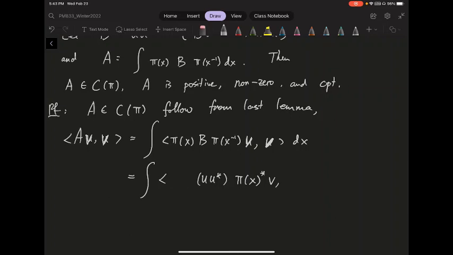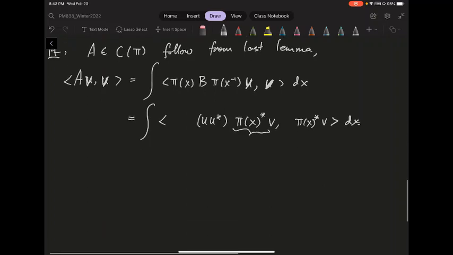So you have another copy of pi x star of V, okay? And you treat this as a vector. So the UU star, when you apply it to this vector, basically you take the inner product. So this is the inner product of pi x star V with U, and then you are left with another vector U, okay? So that's what happens in the first one. And then you do this inner product with the pi x star of V, okay?